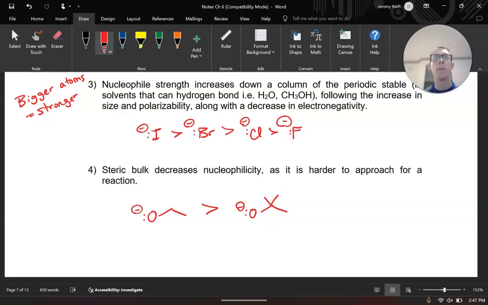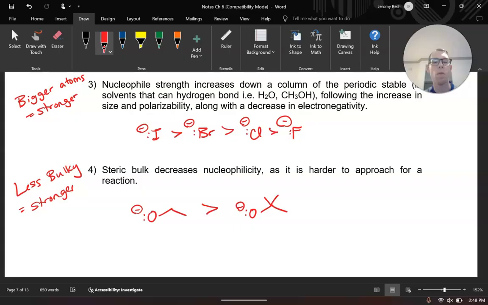If you're trying to come in and attack as a nucleophile, and you have big, massive, bulky stuff coming behind you, it's a lot harder to fit into the spot, and therefore you're less likely to be a good nucleophile. So in general, less bulky, not corresponding to an individual atom like number 3, but the entire molecule, will help you be stronger.